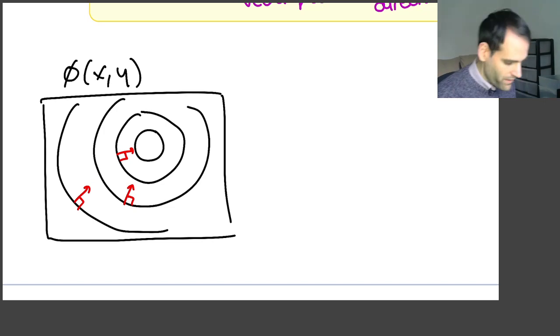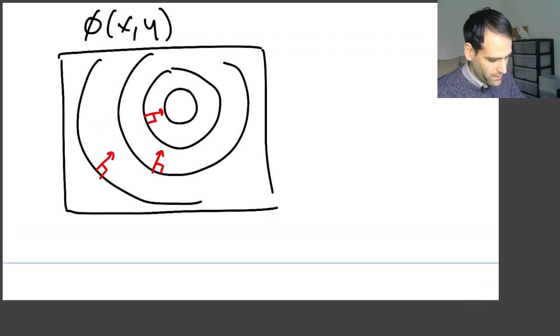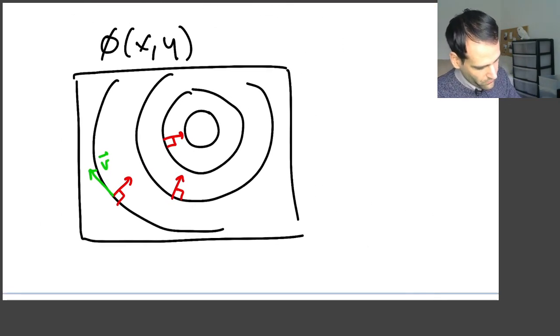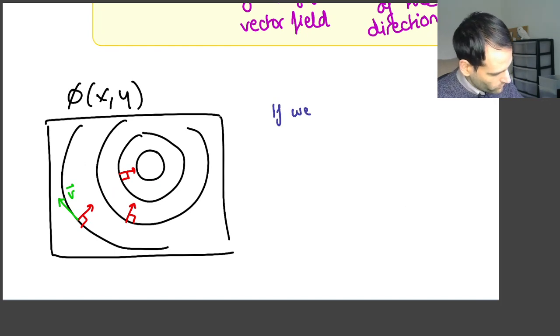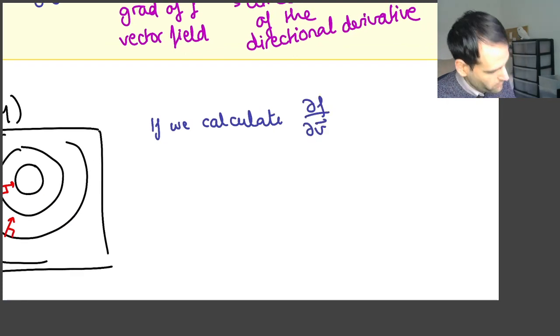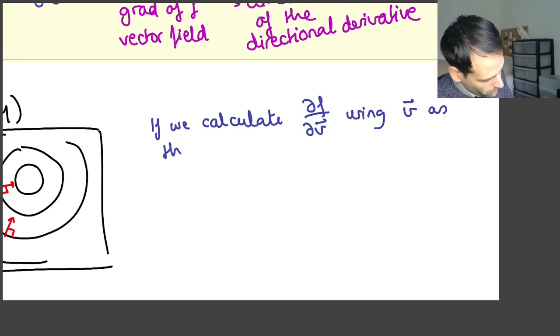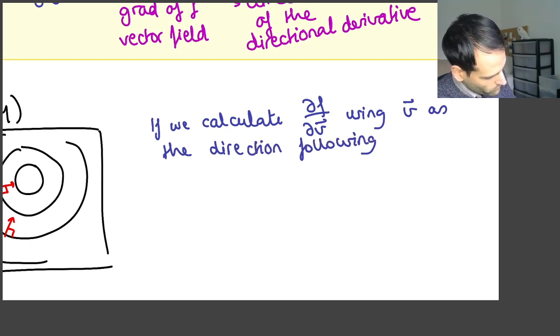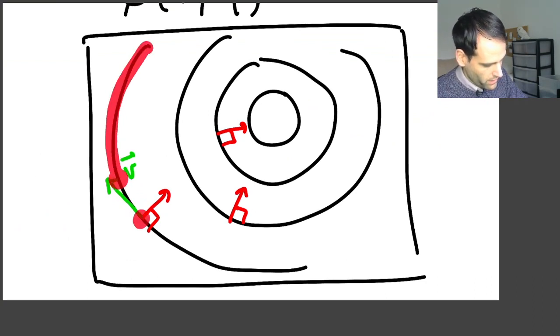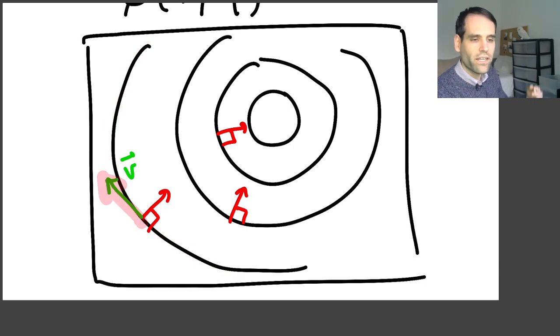This can now be justified very easily. If we calculate the directional derivative with respect to v, using as our vector v a direction following the contour line, so if we are here and the contour line is here, we choose the direction tangent to the contour line.